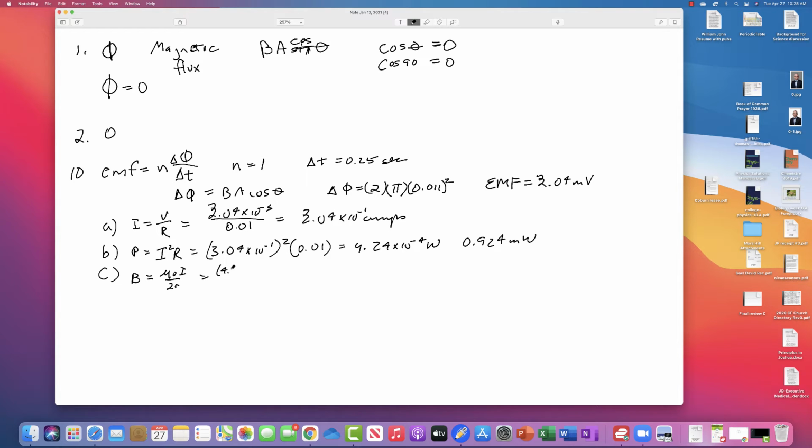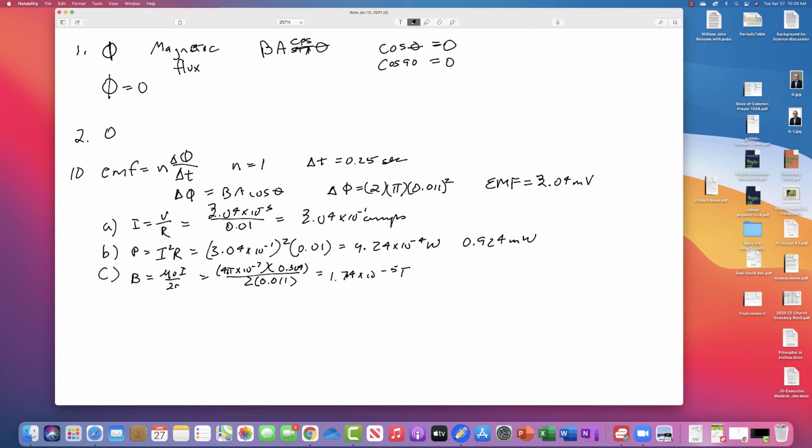It's equal to 4 pi times 10 to the minus 7 times I, which is 0.304, divided by 2 times 0.011, which is equal to 1.74 times 10 to the minus 5 Tesla.